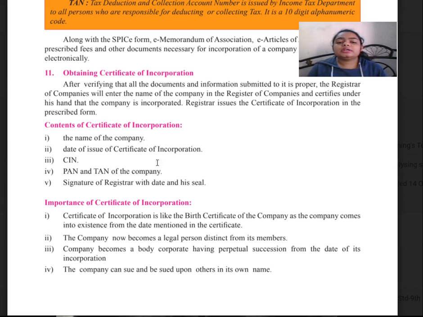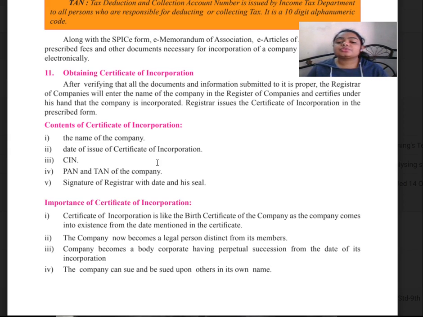So the certificate of incorporation is submitted. Once all the proper documents and information asked by the Registrar are submitted, then the Registrar of Companies will enter the name of the company in the register, then certifies under his hand that the company is incorporated.